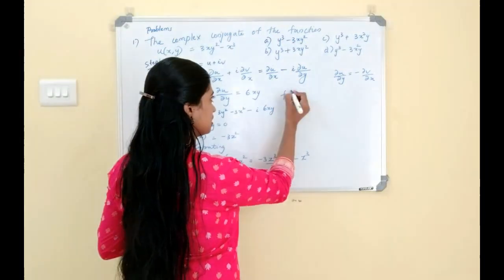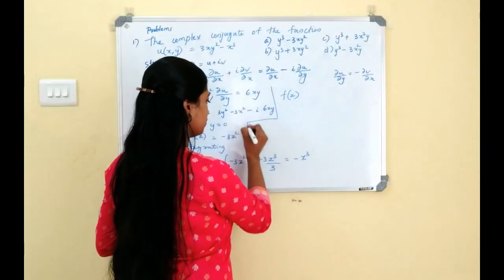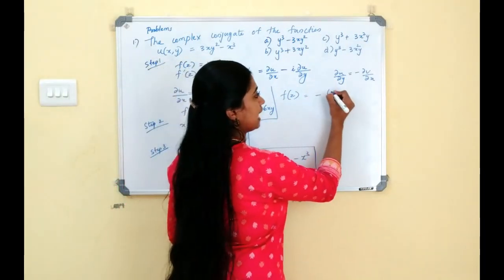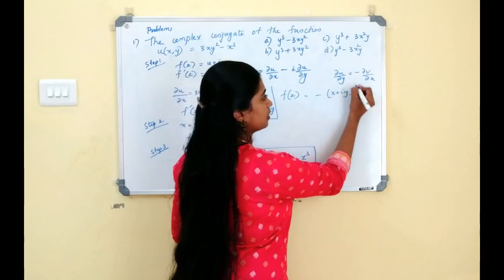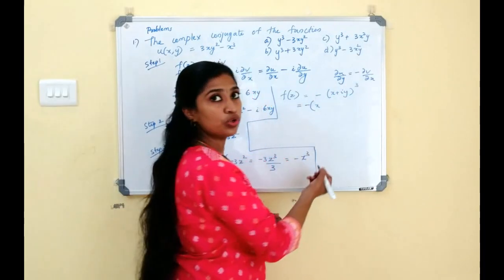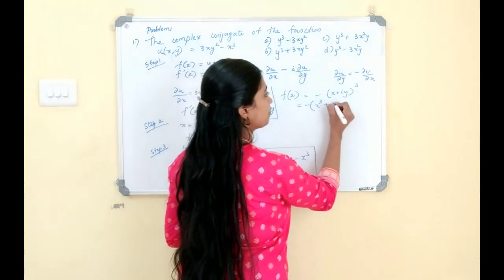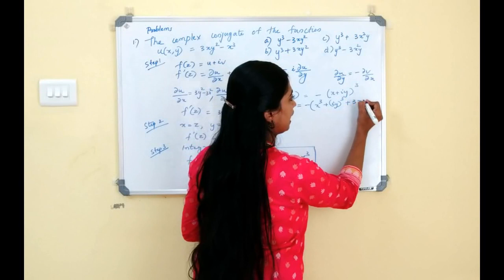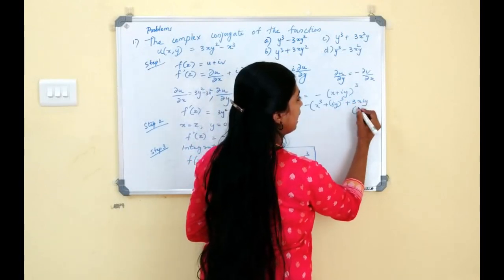That is f of z is equal to minus x plus iy the whole cube. What is a plus b the whole cube? It is a cube plus b cube plus 3ab into a plus b.